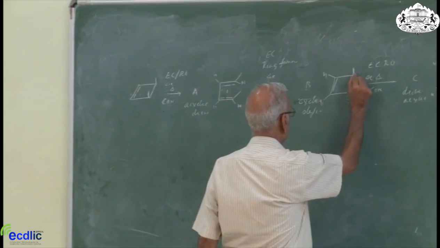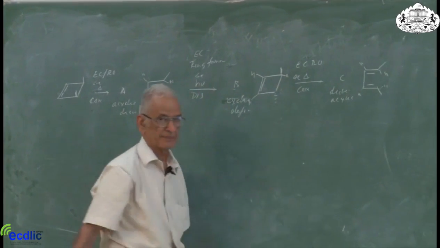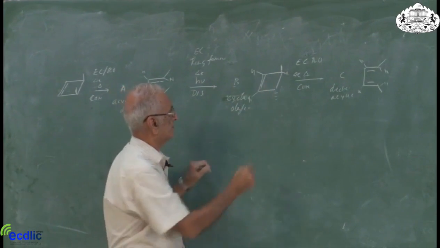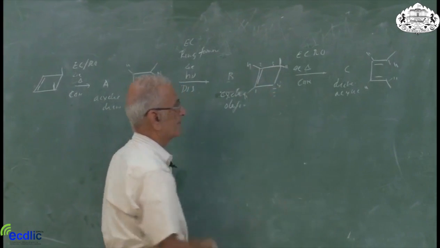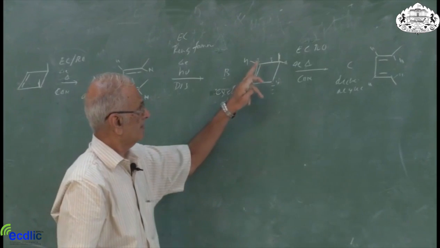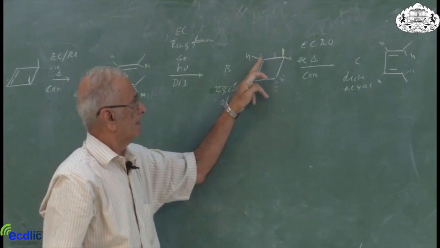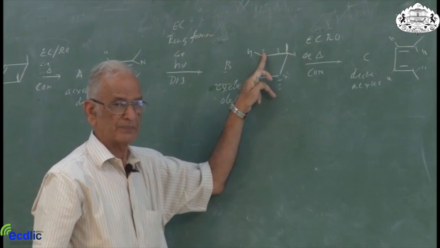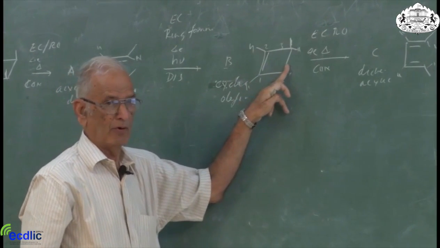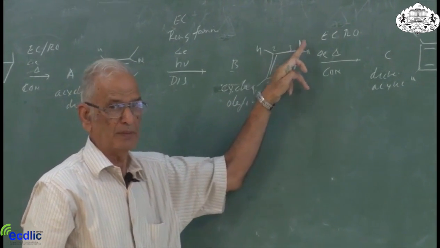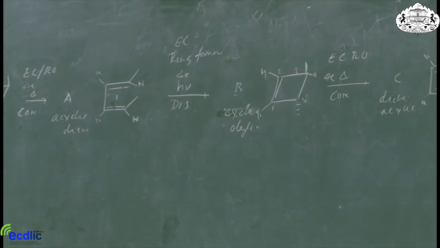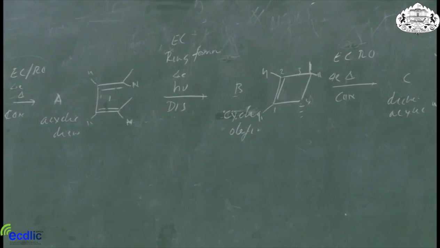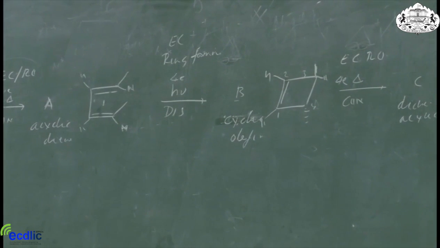Define the absolute configuration at this carbon. 1, 2, 3, 4. What are the substituents? Carbon number 2, carbon number 4, methyl group, hydrogen. So, it is asymmetric. What is the priority order?